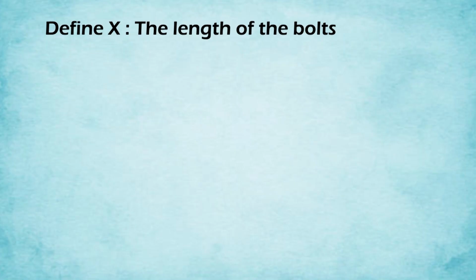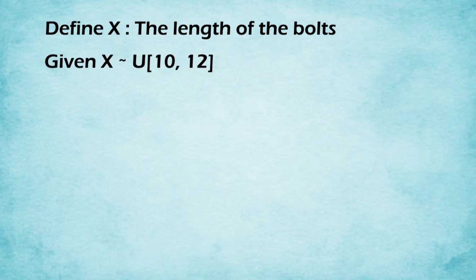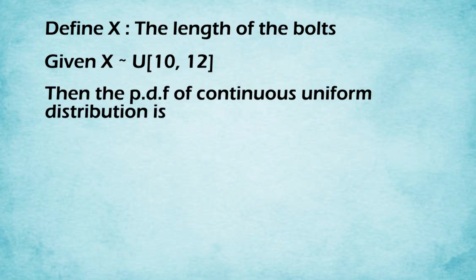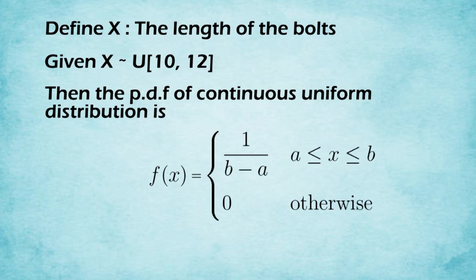For the given problem, define x as the length of the bolts. Then we have x follows uniform (10, 12). Now consider the PDF of continuous uniform distribution, which is f(x) = 1/(b − a) for a ≤ x ≤ b, 0 otherwise.